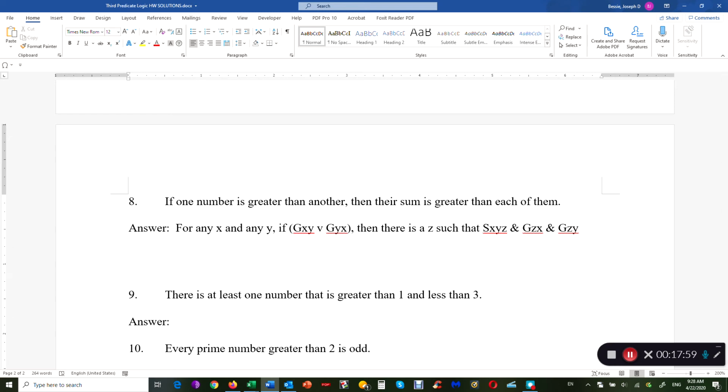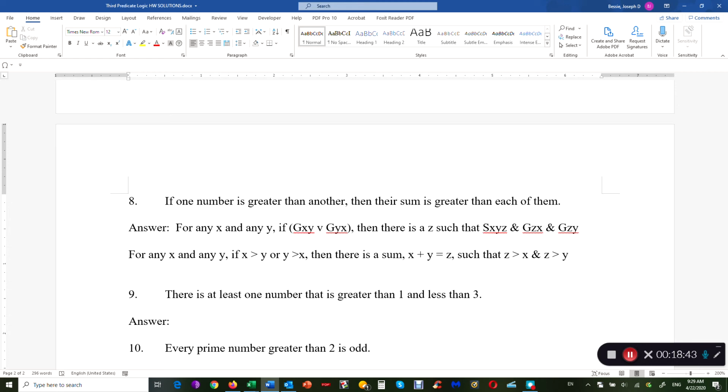Let me expand on it using arithmetic symbols. We're saying for any x and any y, if x is greater than y or y is greater than x, then there is a sum x plus y equals z such that z is greater than x and z is greater than y.